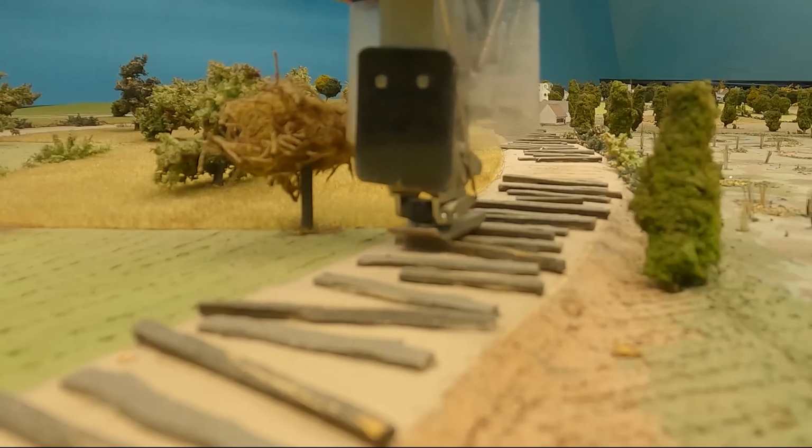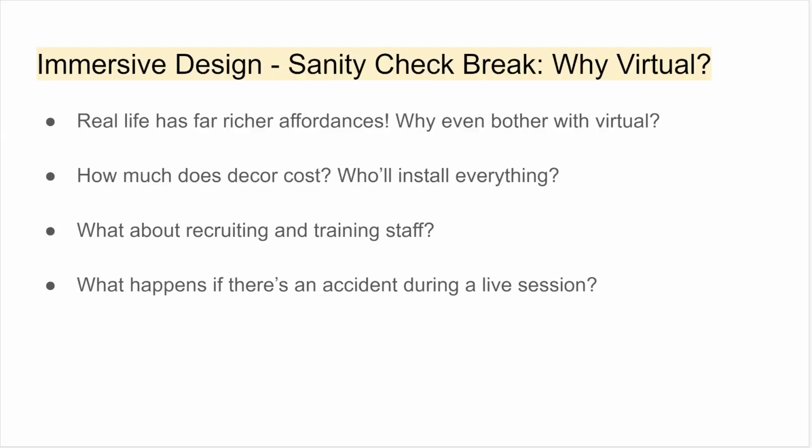This begs the question, if we're designing immersive experiences, why don't we just stay in the real world? Why do we have to bother with analogs of the real world, like virtual things? The answer is it's a lot easier to control virtual environments.